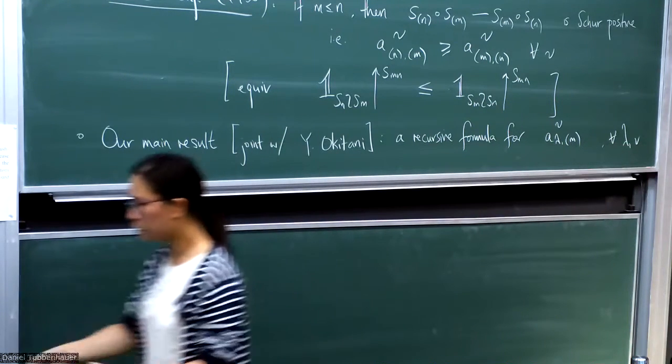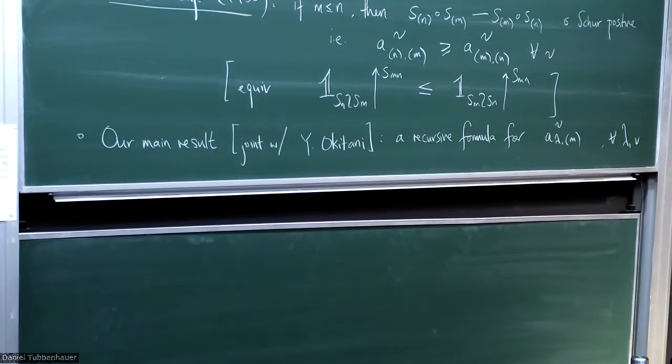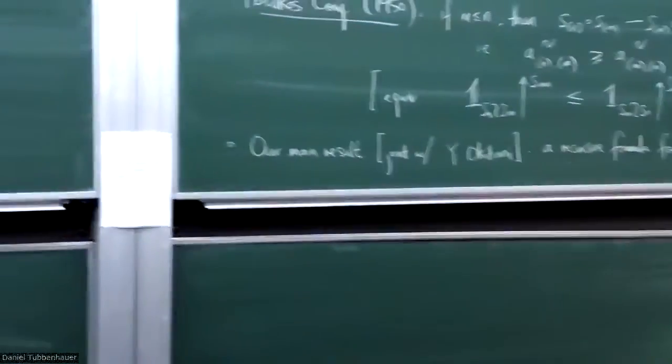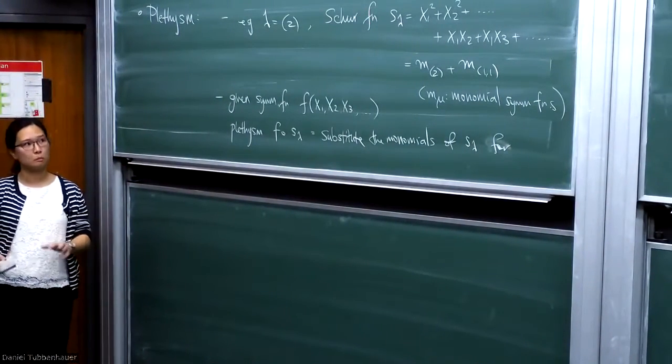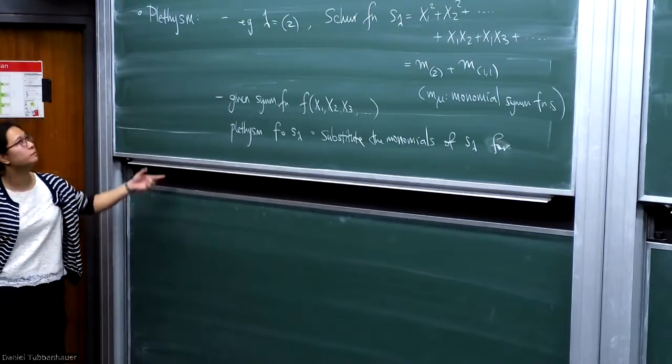But to tell you just a little bit about roughly what the formula looks like and then how we apply it, next I'm going to translate into the setting of characters of symmetric groups, just to make things a little bit easier to describe.